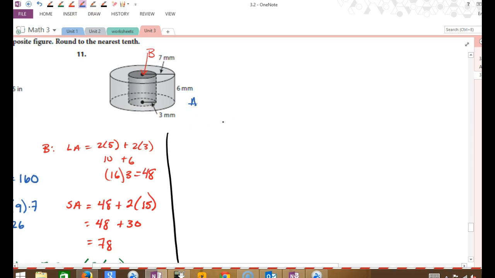Okay, so my outer cylinder, my lateral area is going to be the perimeter around the base. So since I have a circle, what's the perimeter around the circle? What's the formula? 2 pi r. So what's my r for the big circle or cylinder? 7.